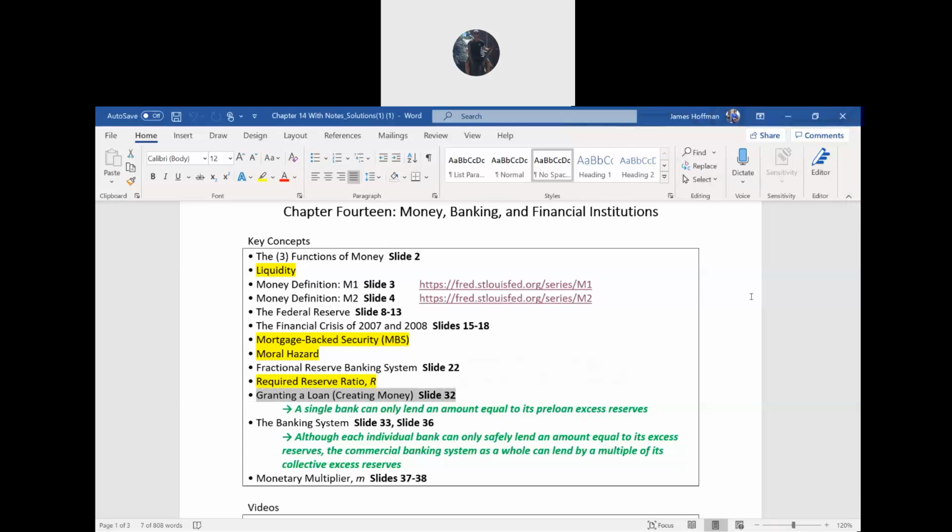And so by definition, the checkable deposits would increase and the M1 would increase. So by issuing a loan, you're increasing the M1, the money supply, and so you're creating money by issuing loans. And so that's the concept here: a single bank, by the definition of M1, can create money by issuing a loan.